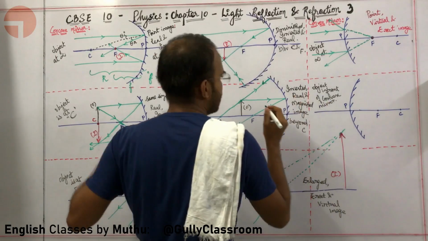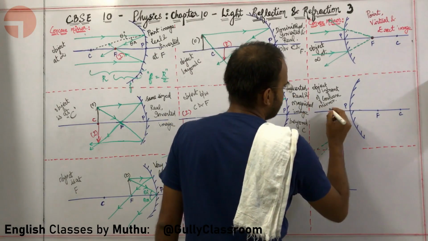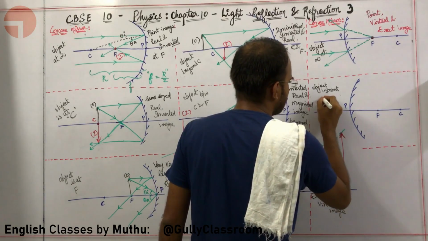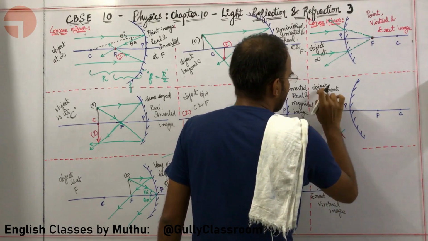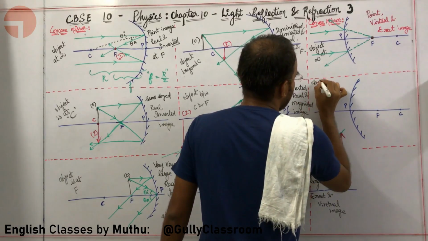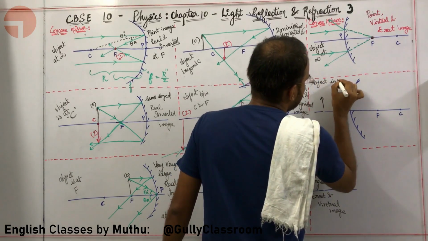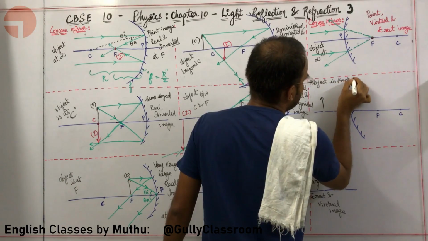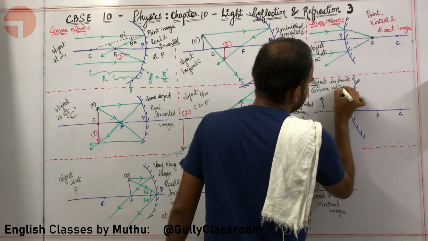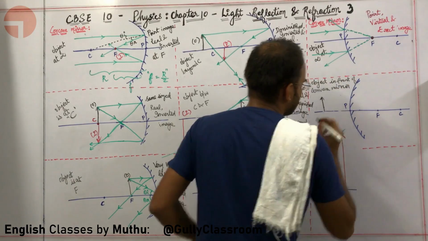All objects are drawn using black. So I am going to once more put the object over here in black. Object in front of convex mirror.